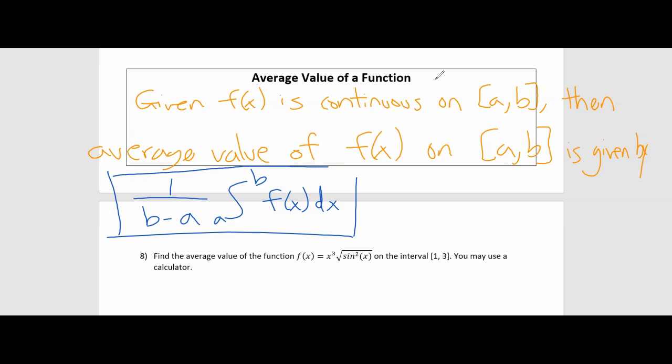So here's your formula for average value, given that that function is continuous on the closed interval.